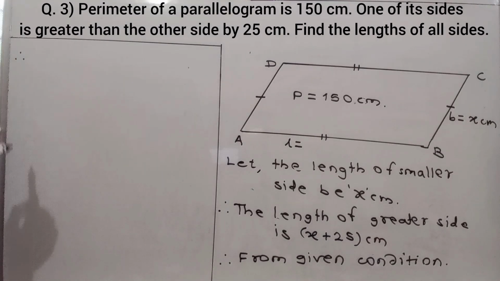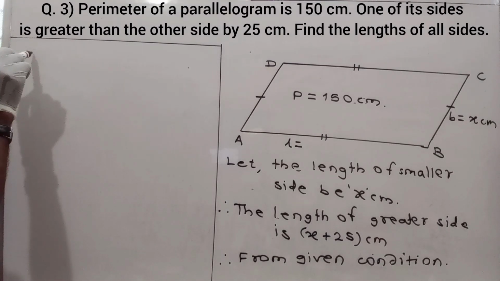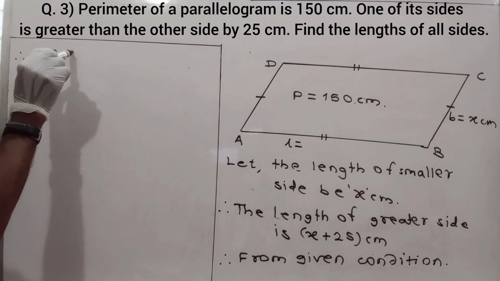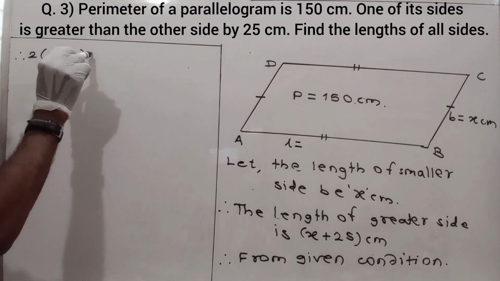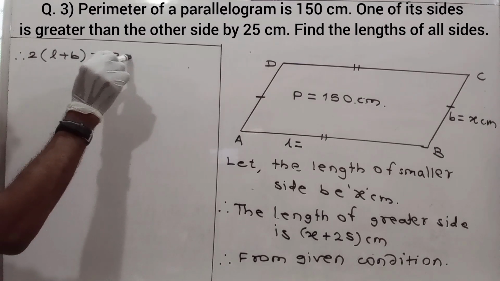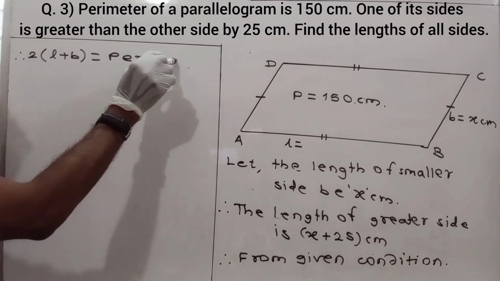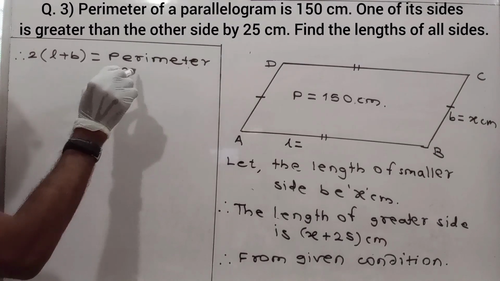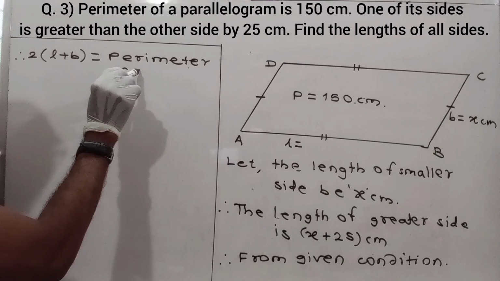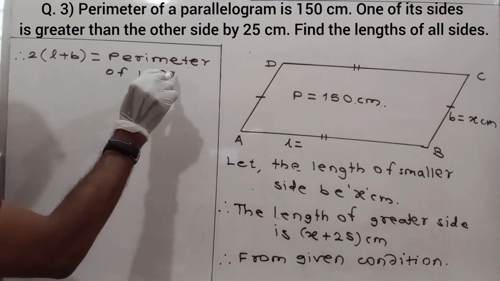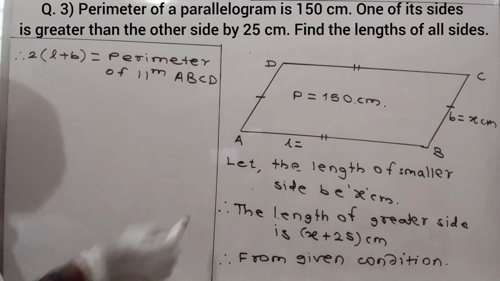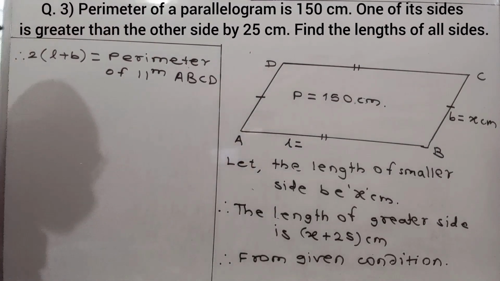Therefore, we write here 2 in bracket L plus B is equal to perimeter of this parallelogram ABCD, because we have given name to this parallelogram.